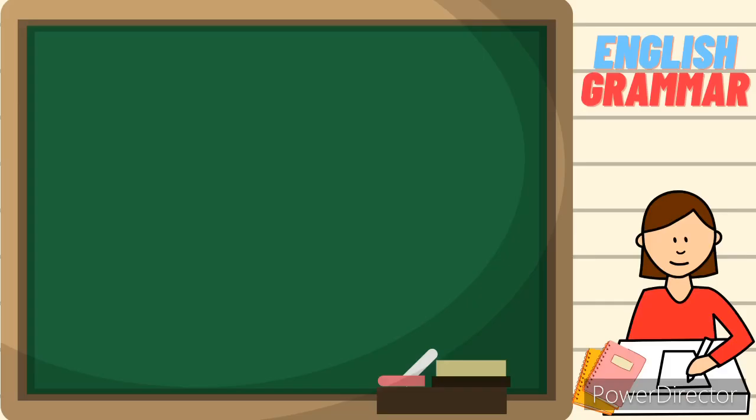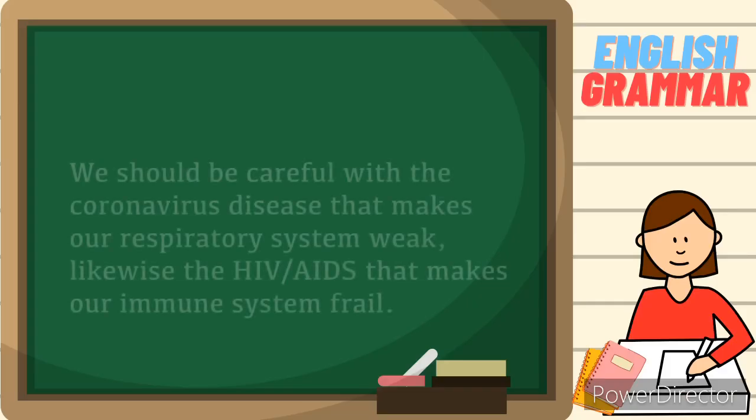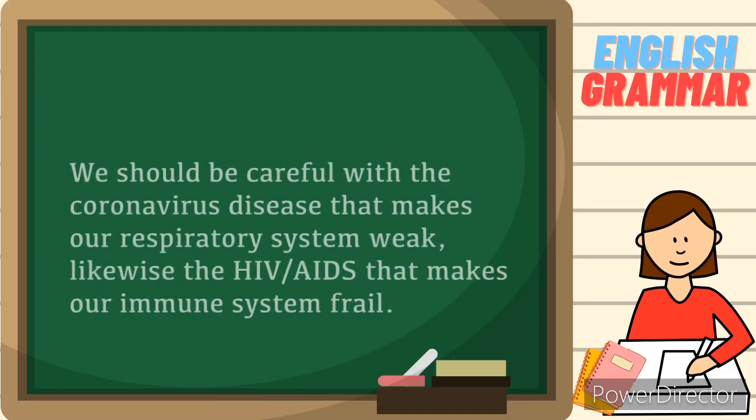For example, we should be careful with the coronavirus disease that makes our respiratory system weak. Likewise, the HIV/AIDS that makes our immune system frail. In this sentence, the first idea states that coronavirus is a threat to our health and that we must be cautious.